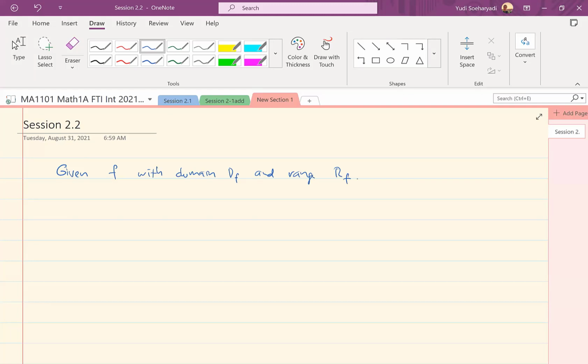Okay, so given a subset of Rf, what we call preimage. Okay, so it looks like the inverse notation, but what is this function?